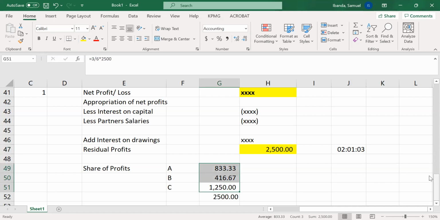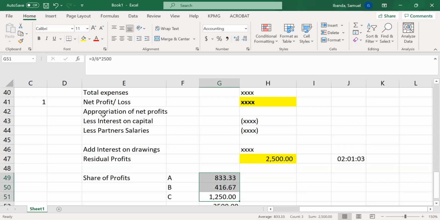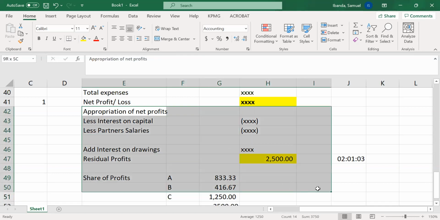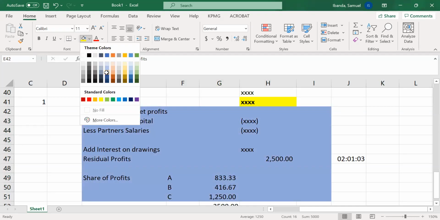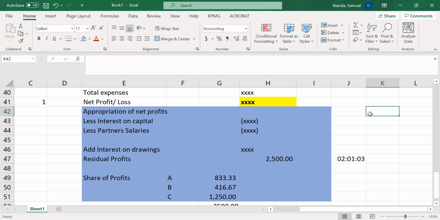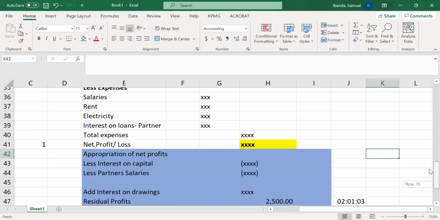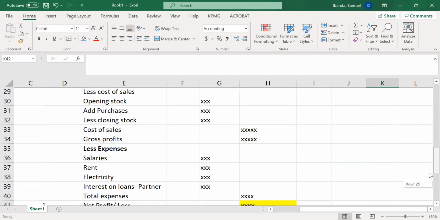So this is the appropriation of profits. Whenever somebody says appropriation of profits, they are speaking about this part. And this is the difference between your normal P&L and the P&L for partnerships.